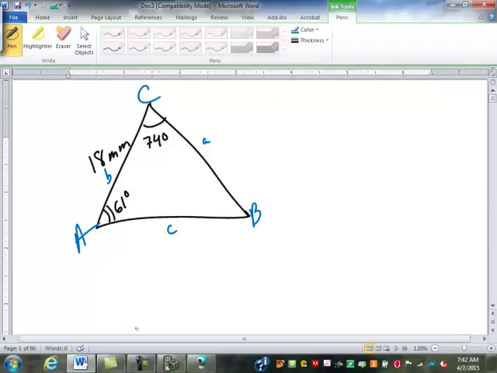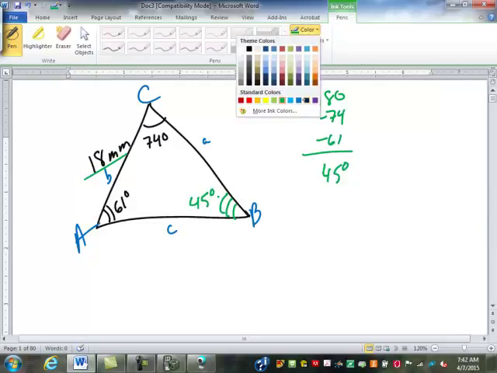In this case, we have a side right here. Do we have its opposite angle? We can find it really quickly. Anytime we have two angles and one side, we can solve it using the law of sines. How do we find this angle? 180 minus 74 minus 61 is 45 degrees.